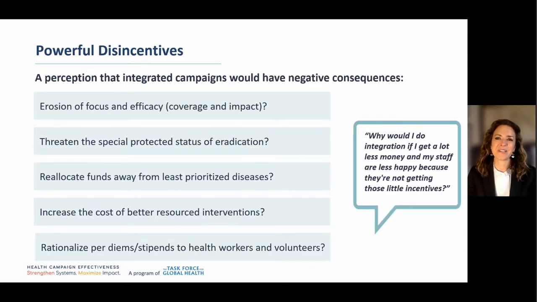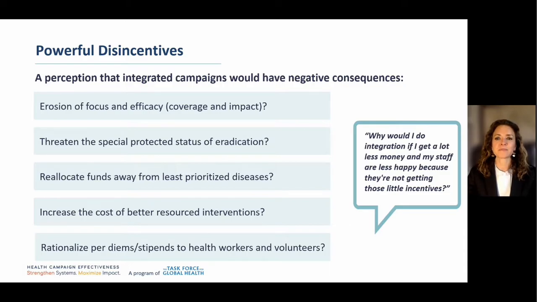The next theme is around powerful disincentives, that actually multiple standalone staggered campaigns have some obvious benefit. Now, people and programs may be reluctant to support campaign integration because there is a perception that it would have a number of negative consequences.